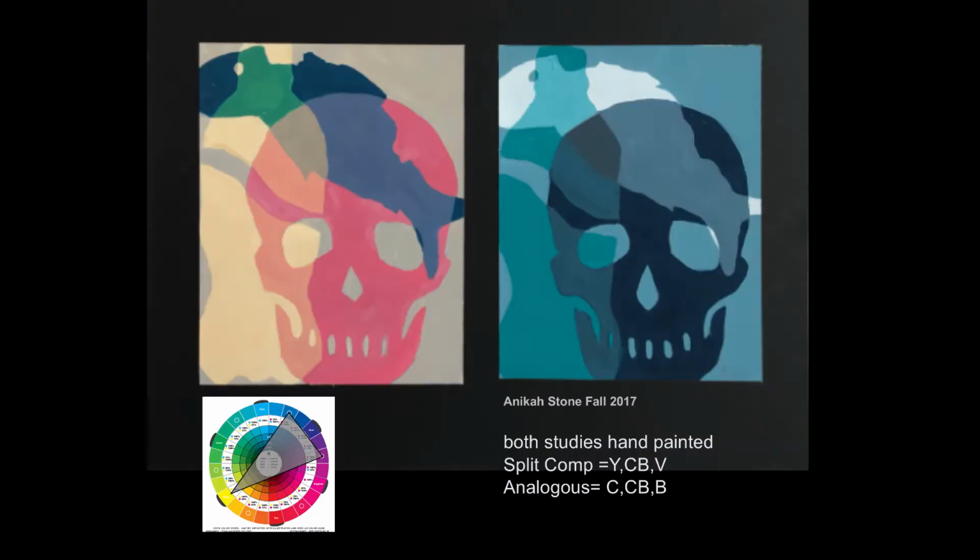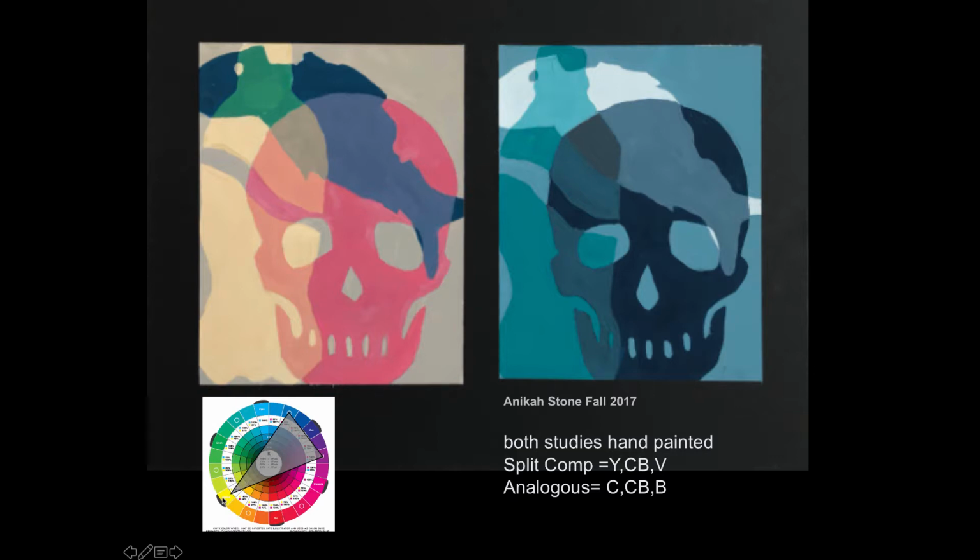So here's some examples. Here's one that was done by Annika Stone last fall, and you can see that she used this shape of a skull, a bottle, and then a fish, and it's basically the exact same design. They're just side by side. Here you can see this is her color scheme.